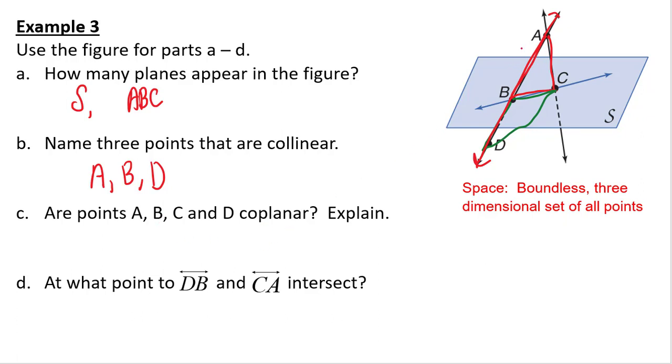Well, I know A, B, and D make up the same line, and if I have 3 points that are all collinear, they're all contained in the same plane. All I need is a third point that's not on that line, which is C. So yes, they are coplanar.